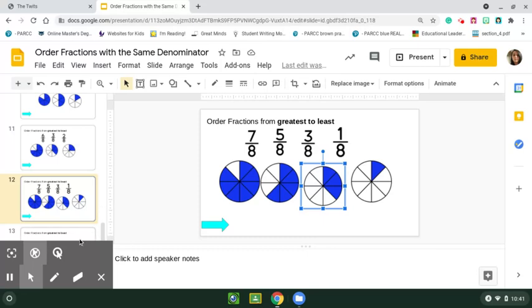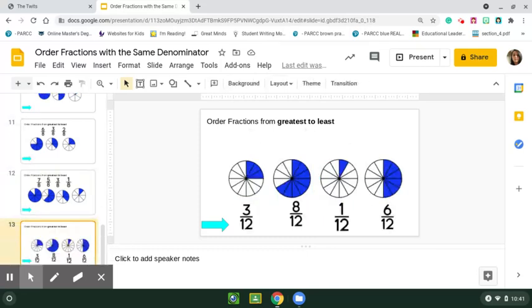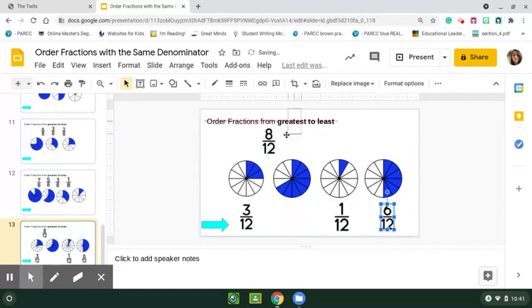Okay, let's see. Okay, here, greatest to least. So we're looking at the denominators, and again, fantastic, right? They're all the same. We know that we just have to look at the numerators, greatest to least. So 8/12 is our largest, then 6, then 3, and then 1.